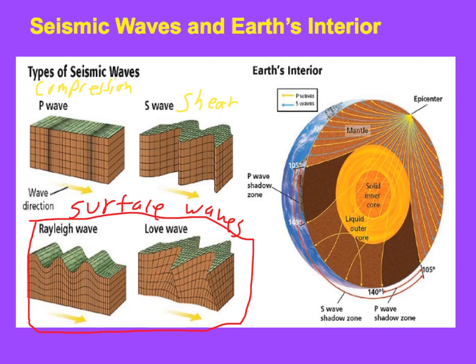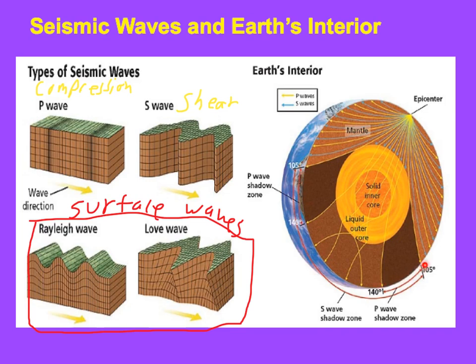And here we can see the shadow zones. Like if the earthquake is happening here on the Earth, in order for a place on the other side of the globe to record the earthquake, it's got to be able to get either a P wave or both a P and an S wave.